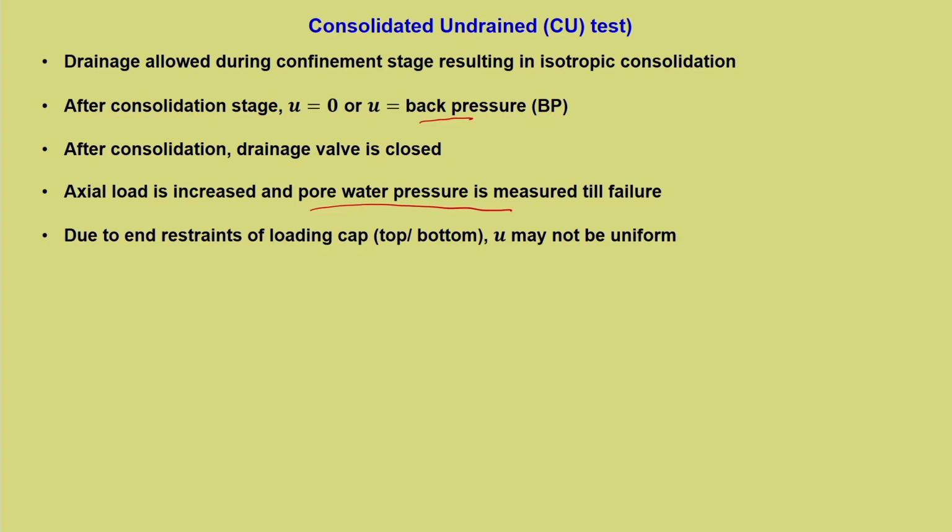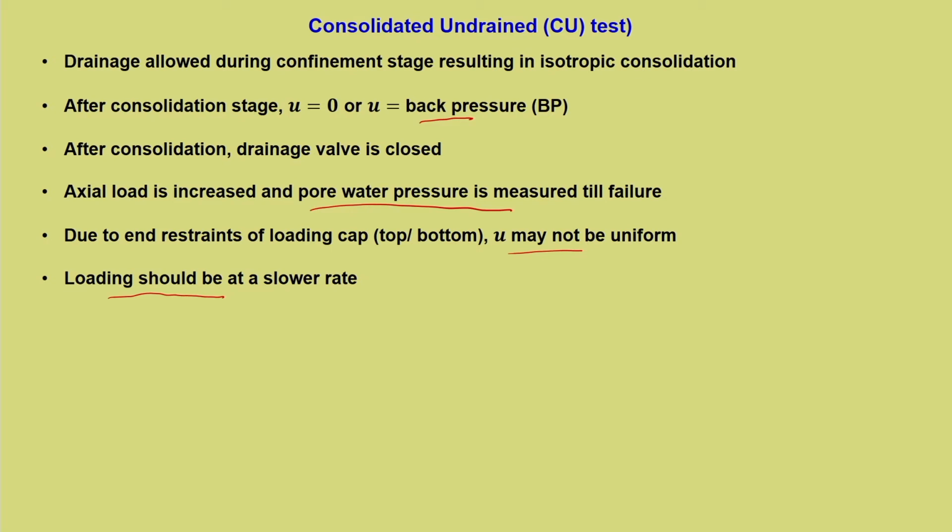Now, due to end restraints of the loading cap, we have already seen in the initial figure there are two loading caps, top and bottom, and hence during the undrained loading, the pore water pressure generated may not be uniform within the soil sample. Just to avoid this non-uniformity, it is always ideal to have loading at a slower rate. Now, you will appreciate why this particular test is relatively slower than the UU test.